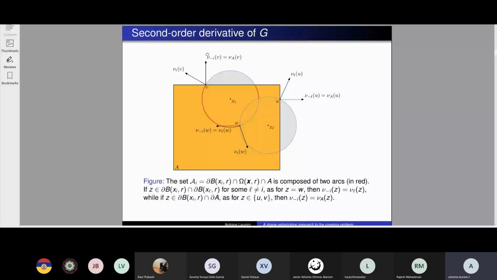And nu minus I is the normal vector to the set A. The set A here is a square, so nu minus I is just the normal vector to this square. And if you have the intersection of two balls, you also have this notion of nu I and nu minus I. For instance, here, nu I would be normal to this disk, and nu minus I would be the normal vector to the other disk.